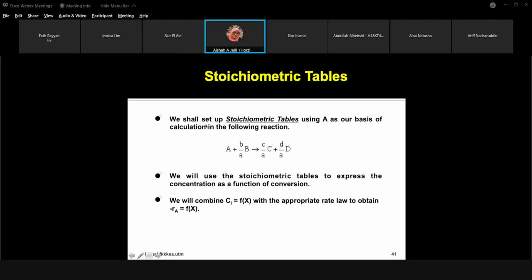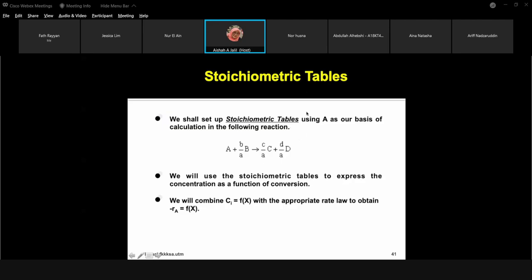As usual, we set up the stoichiometric table using A as our basis of calculation in the following direction. If you can remember, before we have small a capital A plus small b capital B to product C and D. If you want to write the stoichiometric table, you have to find the limiting reactant first.